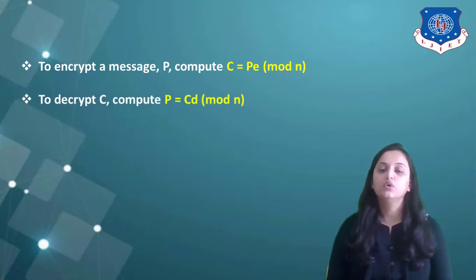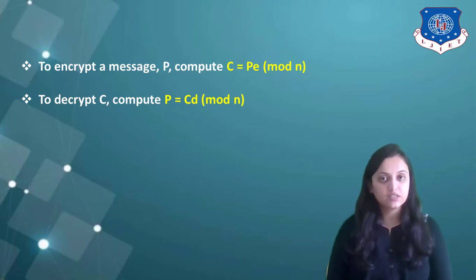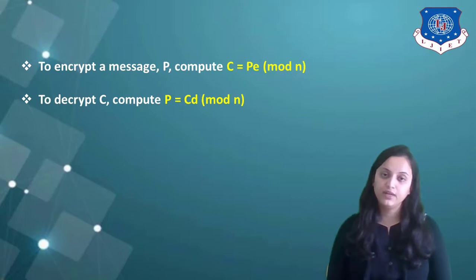Next, to decrypt the ciphertext, that means to recover the original message at the receiver side, based on the decryption algorithm, we need to compute P, which equals C to the power d modulo n. These are the basic two formulas which are used for obtaining the ciphertext and plaintext.